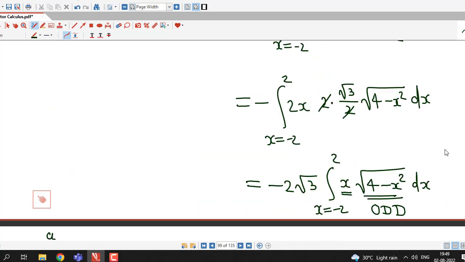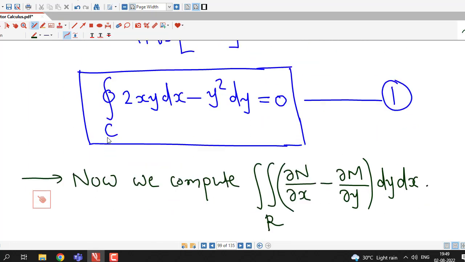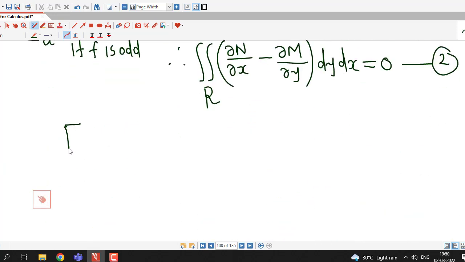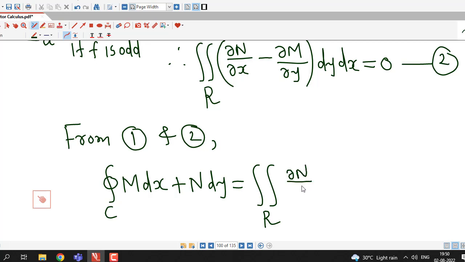Number 1 was given for the value of the line integral, and therefore we have obtained the same answer for line as well as double integral, and therefore we can write that from 1 and 2, line integral along curve C of m dx plus n dy is equal to the double integral over region R of del n by del x minus del m by del y.